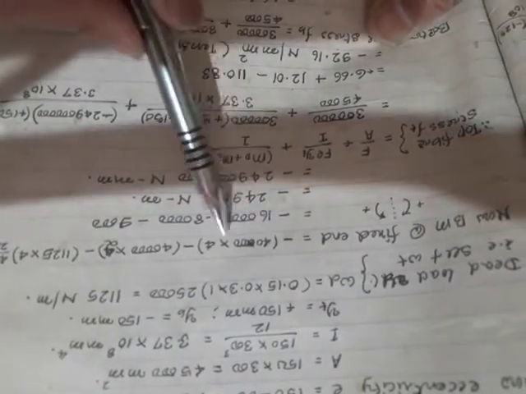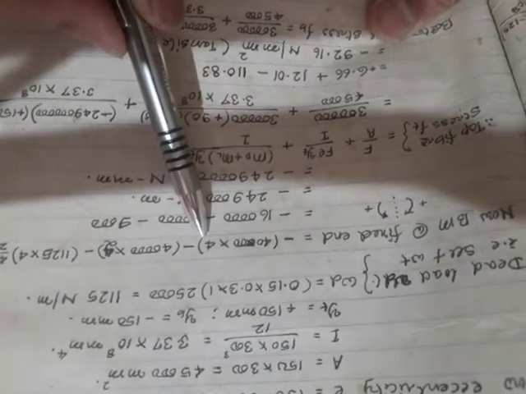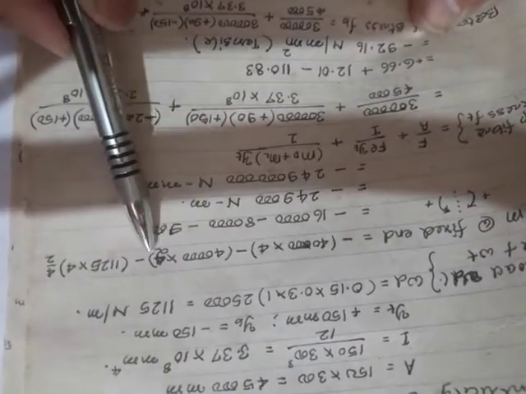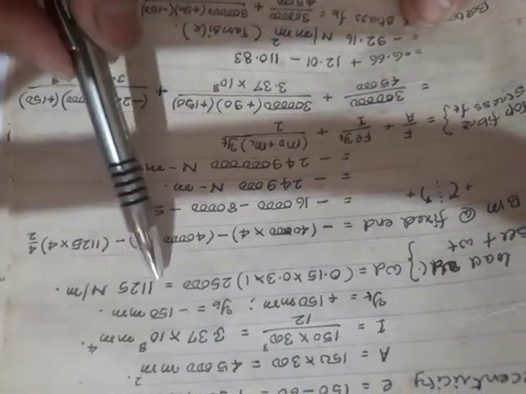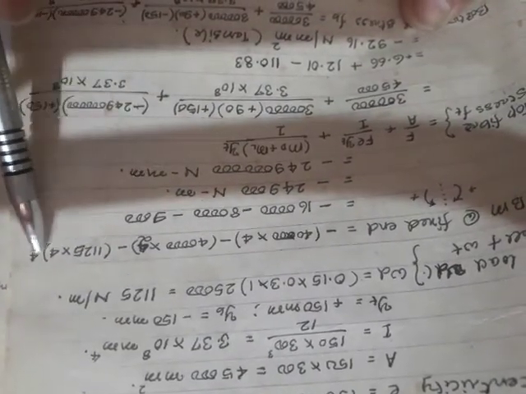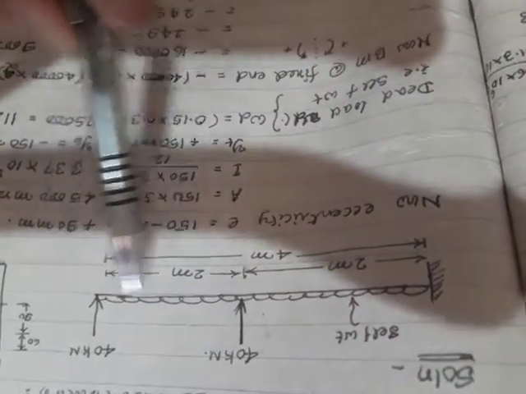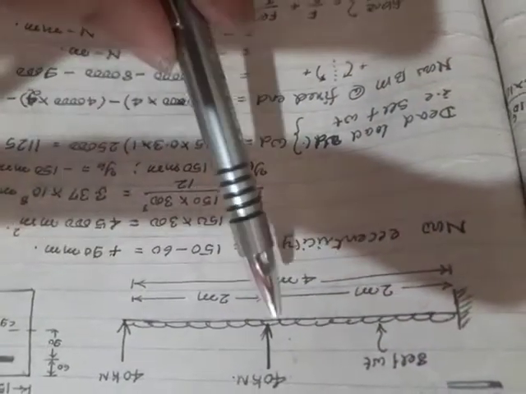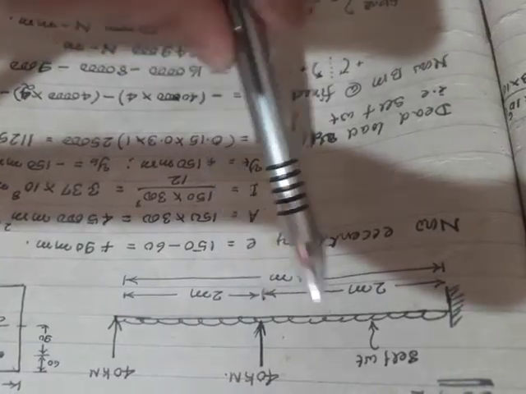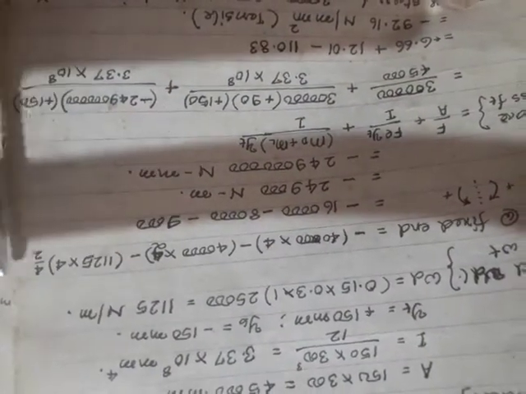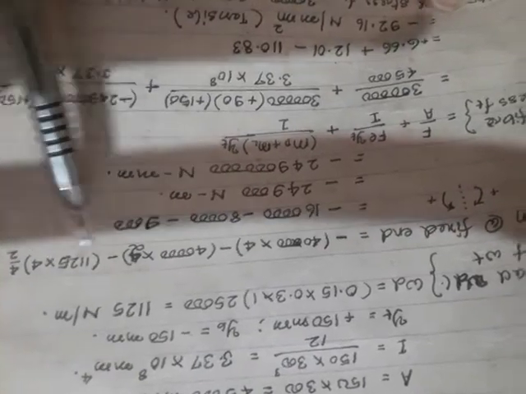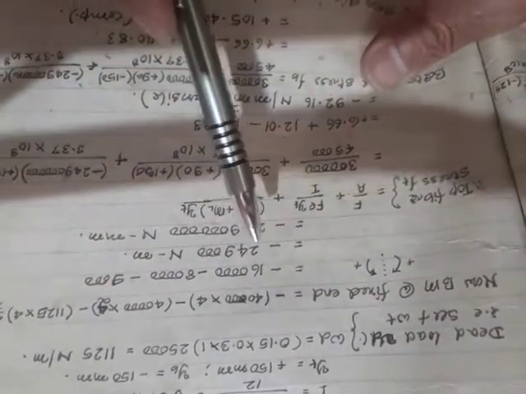So I have written here, the maximum bending moment at the fixed end is 40 kilonewton, means 40,000 into 4, minus 40,000 into 2, minus 1125 into 4. 1125 into 4 will give me the total load, and it is acting at the center. Its lever arm is 2. So it is 1125 into 4 into 4 by 2, which will give me the bending moment at the fixed end.